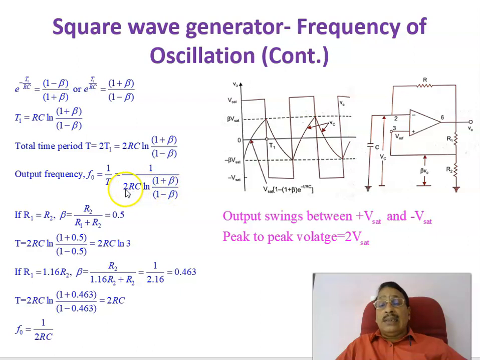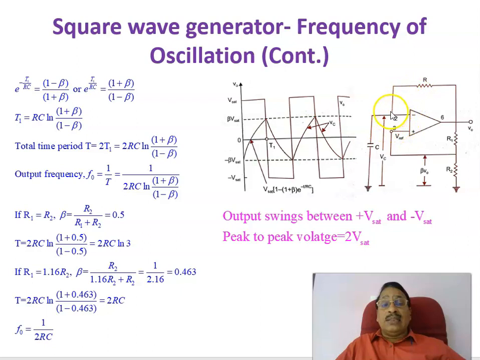Here we can see the output frequency is given by 1 by 2RC natural logarithm of (1 plus beta) divided by (1 minus beta), where R is the feedback resistance, C is the capacitance connected to the inverting input, and beta is given by R2 divided by R1 plus R2, the feedback factor. The output feedback, beta times V0, is given as the reference. Once this voltage crosses this reference, the output changes from plus V sat to minus V sat.